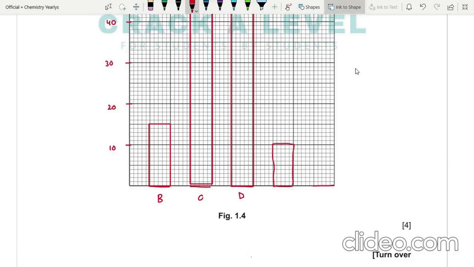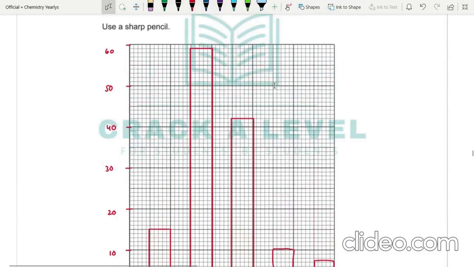This is 10 and the other will be 7. This one will be 7. So this will be E and F. This is how you will be drawing your bar chart.